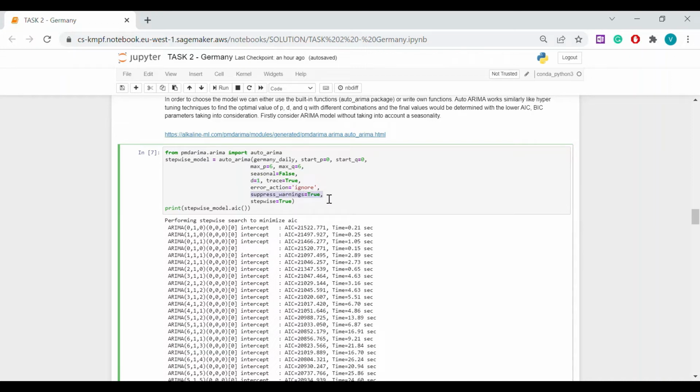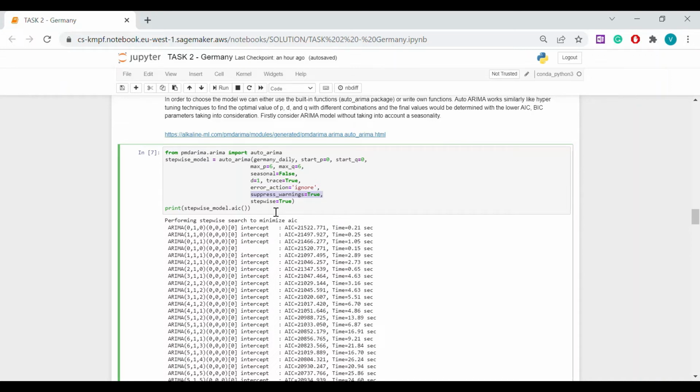We set the suppress warnings parameter as true, which means that all of the warnings coming from ARIMA will be squelched. We set the stepwise parameter as true, which means that the function will use the stepwise algorithm to identify the optimal model parameters, and the usage of this algorithm can be significantly faster than fitting all parameter combinations.